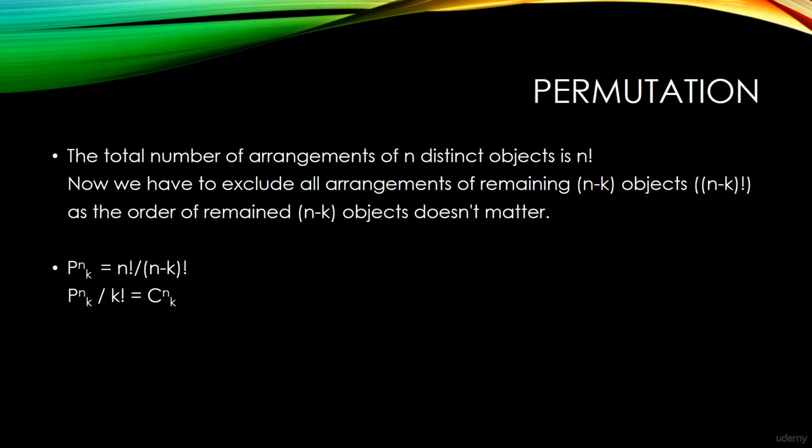Now we have to exclude all arrangements of the remaining n minus k objects, which is n minus k factorial, as the order of the remaining n minus k objects does not matter. So nPk is equal to n factorial divided by n minus k factorial. If we exclude order of chosen objects from the permutation formula, we will get the combination formula. So nPk divided by k factorial is equal to nCk.